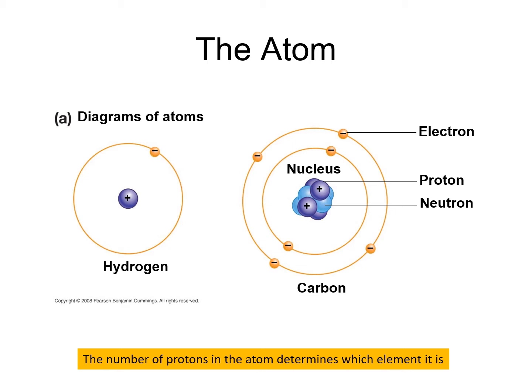Deutero means 2, so there's 2 bits to the nucleus. We can also have something called tritium. Tri means 3, where we have 2 neutrons in the center. Tritium is something that is a byproduct of atomic bombs and things like that. It's not something that's typically found naturally. Anyway, I am getting off topic here. Hydrogen typically has this form here.